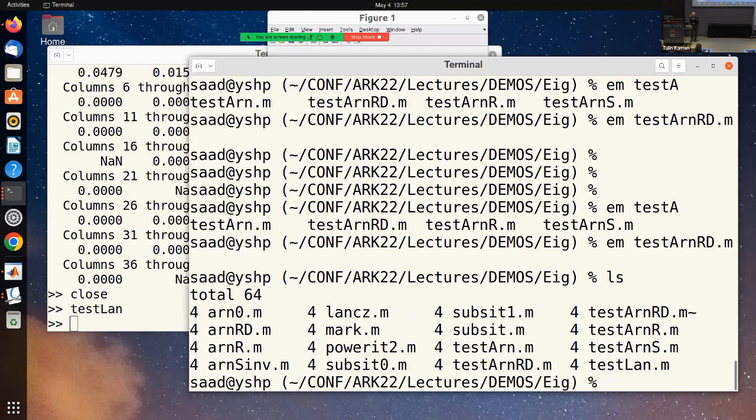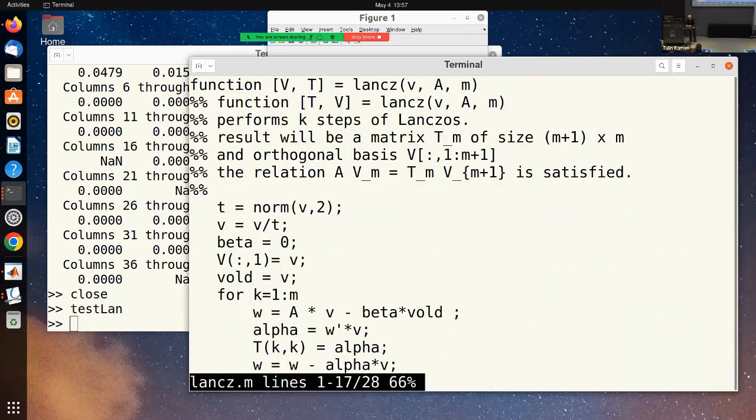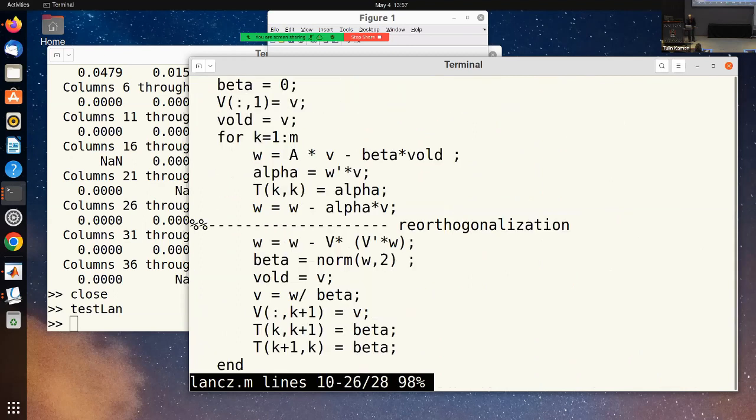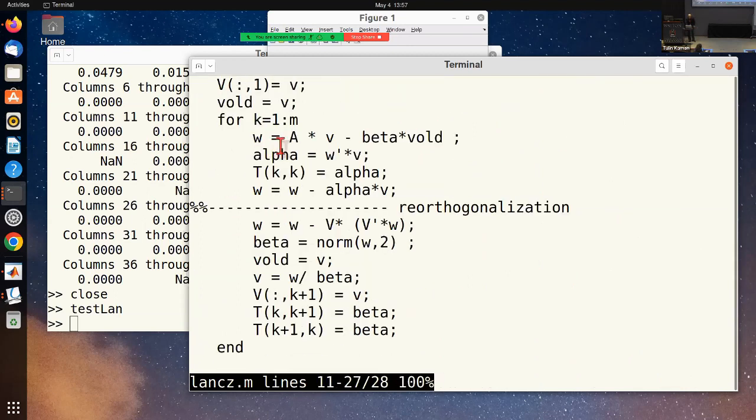Yes, I have also some other demos here, with shift and invert Arnoldi, and I didn't show you the Lanczos algorithm. Let me just look at that Lanczos. You see, I just very briefly show you the loop here.